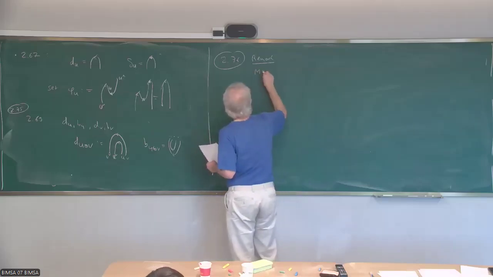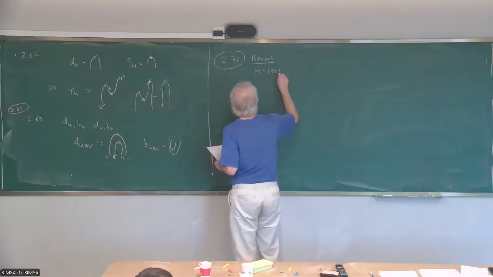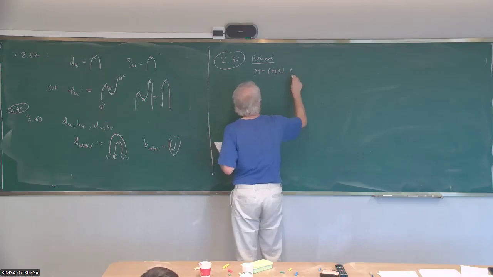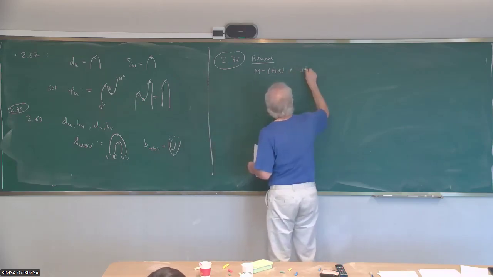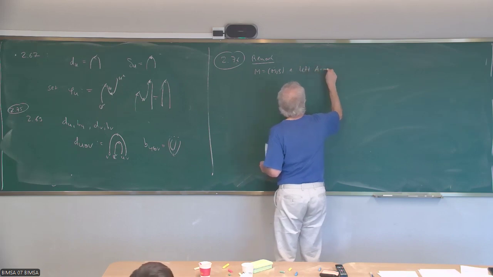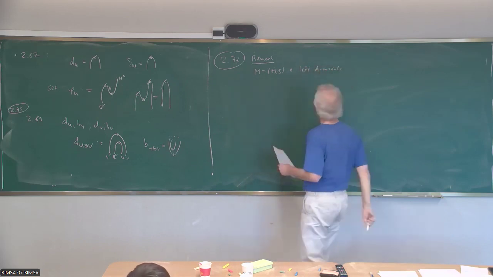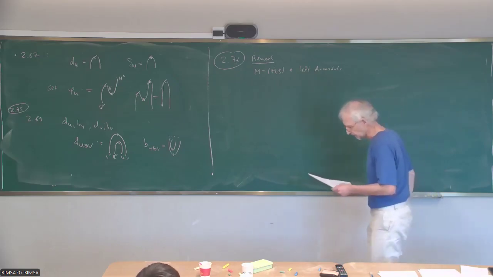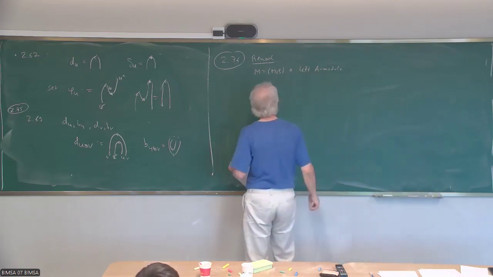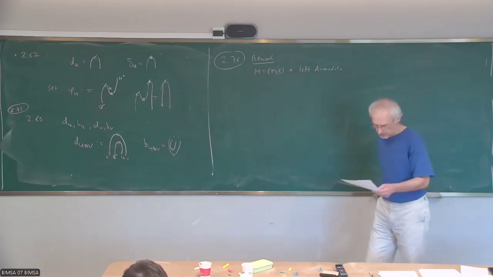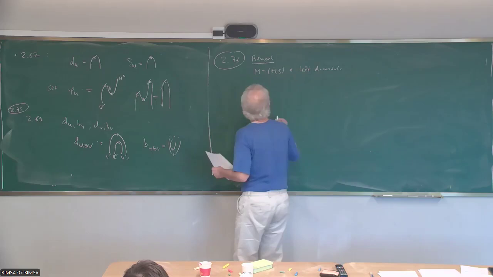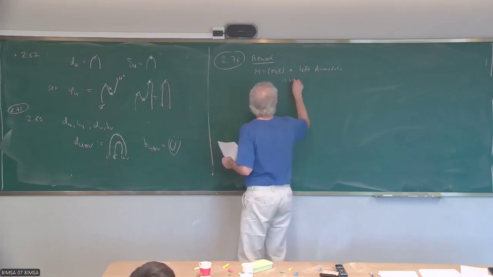Assume M is, say, a left module over some algebra A in a rigid category C, or actually I only need that this is right rigid.